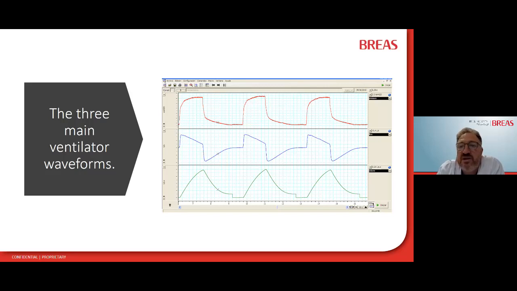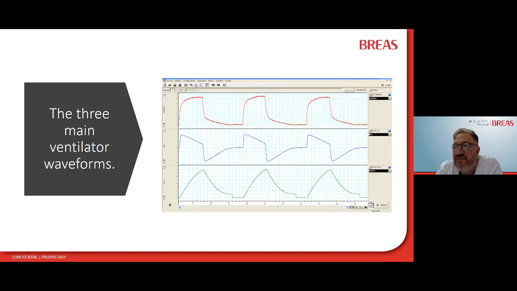I would like to start by introducing the 3 main ventilator waveforms: in red, the pressure time waveform, in blue, the flow time waveform, and in green, the volume time waveform.